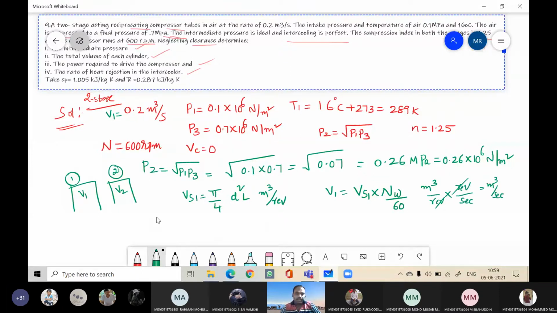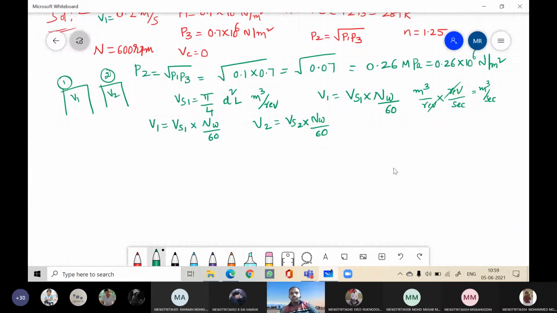Therefore V1 is equal to VS1 into N by 60, and V2 is equal to VS2 into N by 60, where V1, V2 are the total volumes of the first and second cylinders, and VS1 is the swept volume. V1 is given as 0.2 in the problem, equal to VS1 into 600 divided by 60.